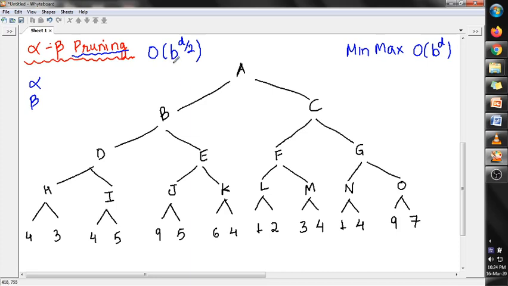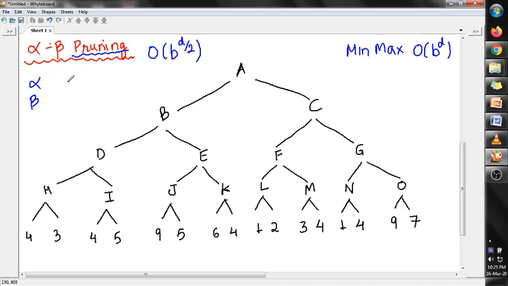That's why the complexity is much better than the min-max algorithm, because we are not going to do unnecessary work, or we are not going to explore all less promising paths. So let us start our process.